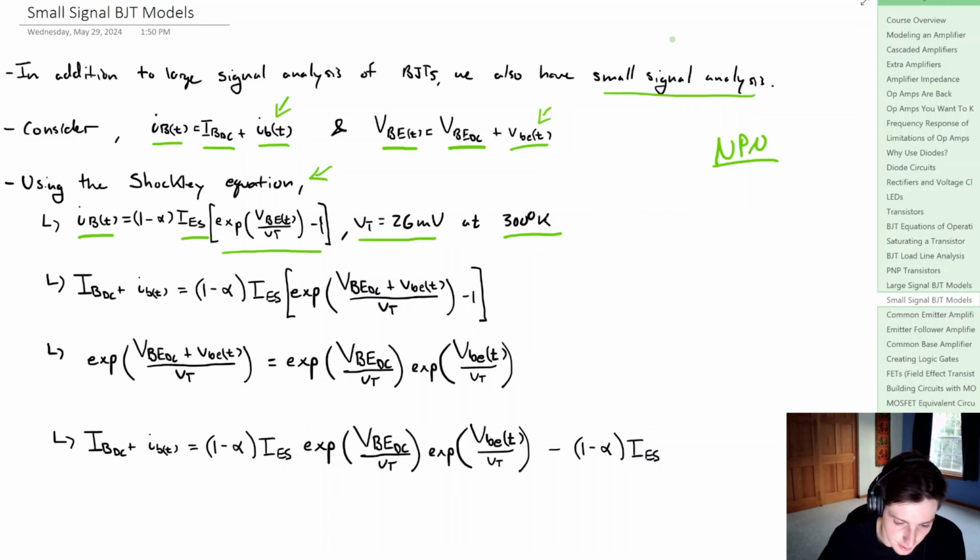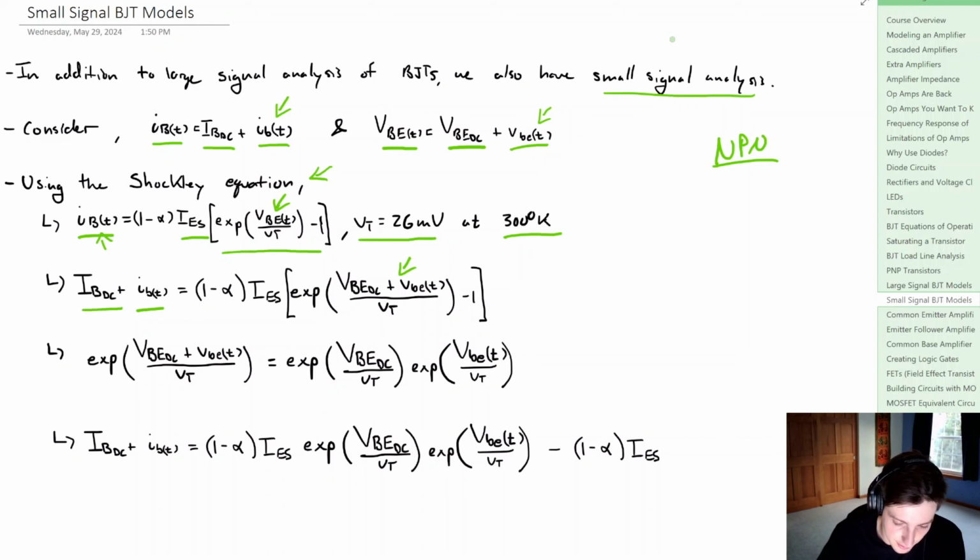So in the case of the small signal analysis, we say that this IB right here is capital IB DC, and then that small AC component. So how do we modify the Shockley equation? Well, it's not too different, except this VBE, as a function of time, gets expanded in terms of the DC and the AC component. Now we're just going to apply a common property of exponentials.